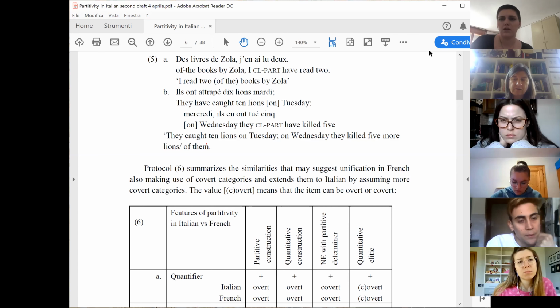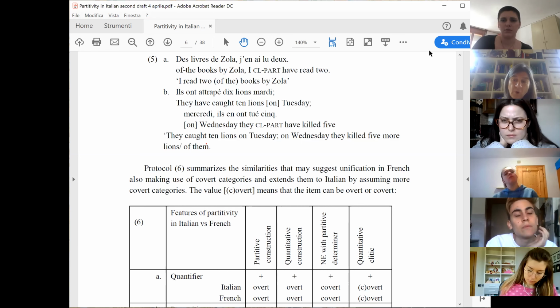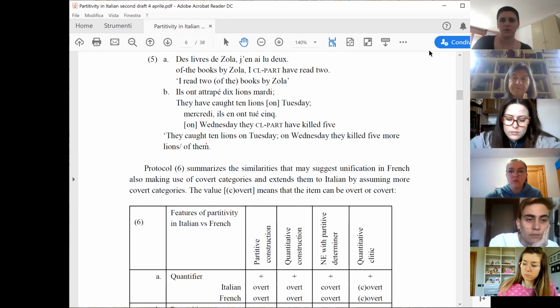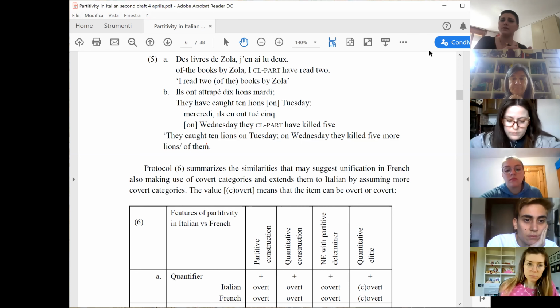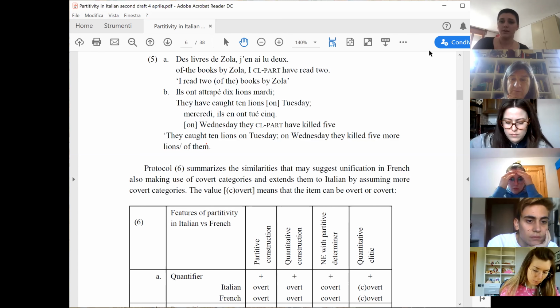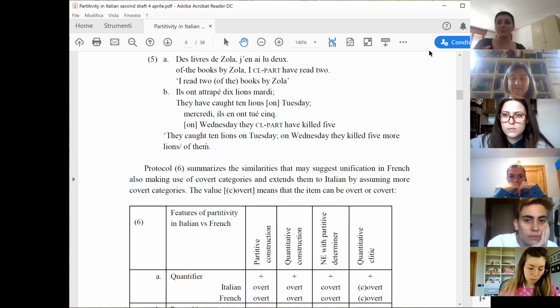Am Mittwoch haben sie 5 getötet. Are the 5 more, or could the 5 be 5 from the 10? Of the 10 for me. No, to me it's ambiguous. No, for me it's not ambiguous.